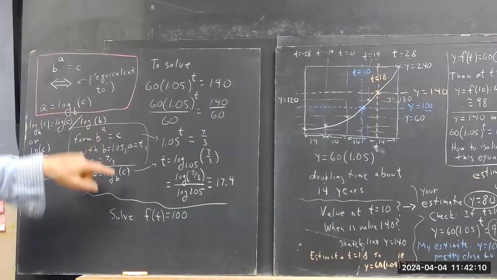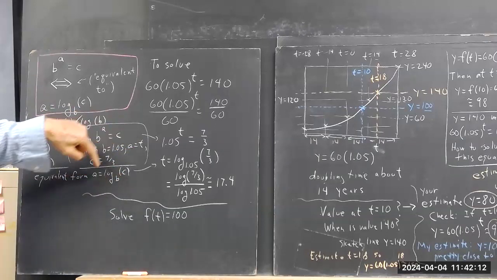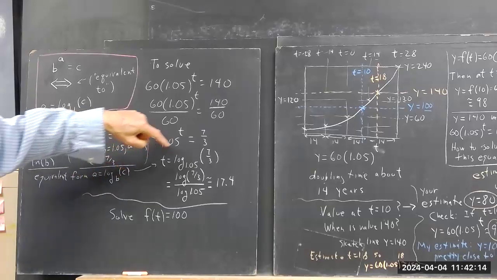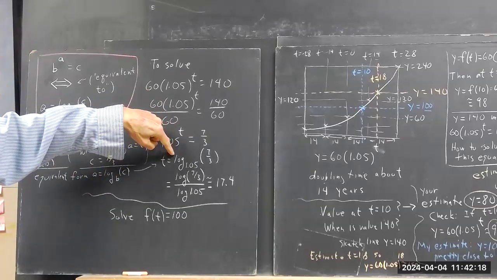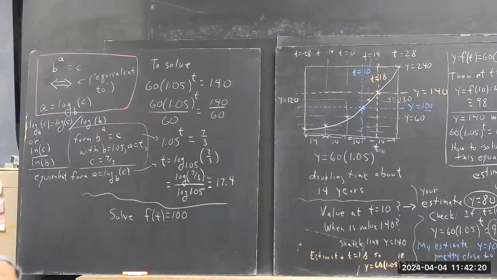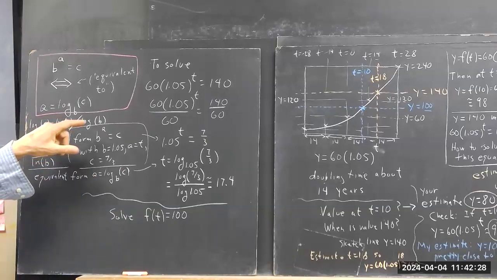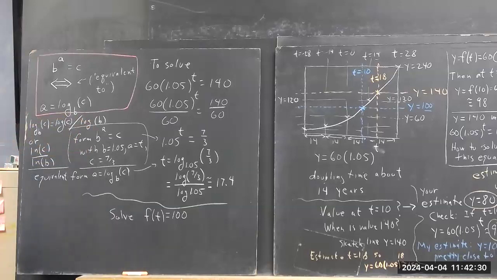So we put the 1.05 here, we put the t here, we put the 7/3 here, and this equation then is equivalent to this one. And this one is really easy to solve, if you know the rule that log base B of C is log C over log B, or natural log of C over natural log of B.